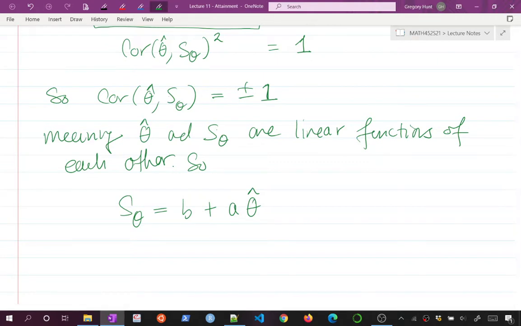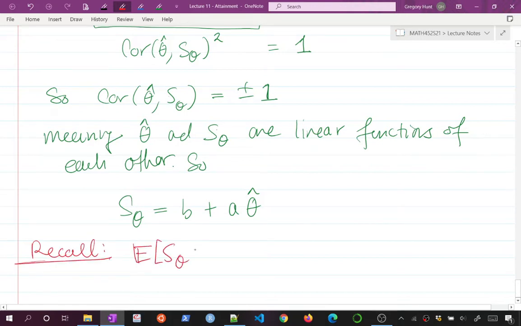So there's some linear relationship, some intercept b and some slope a, if the correlation has to be plus or minus 1. And here again, we have to use our favorite fact, which is to recall that in expectation, the score is 0.